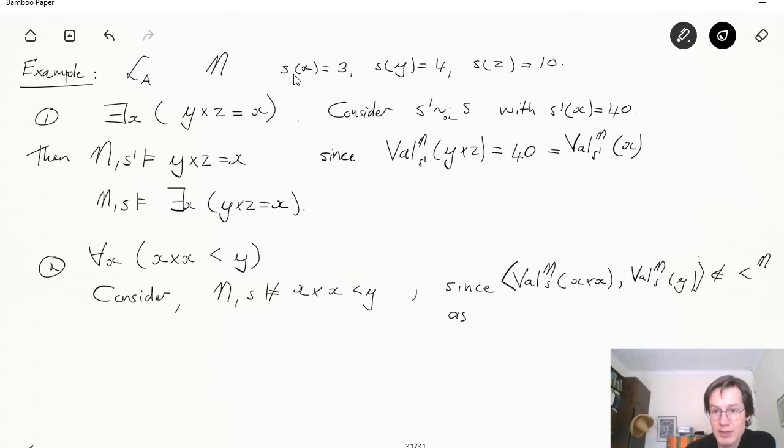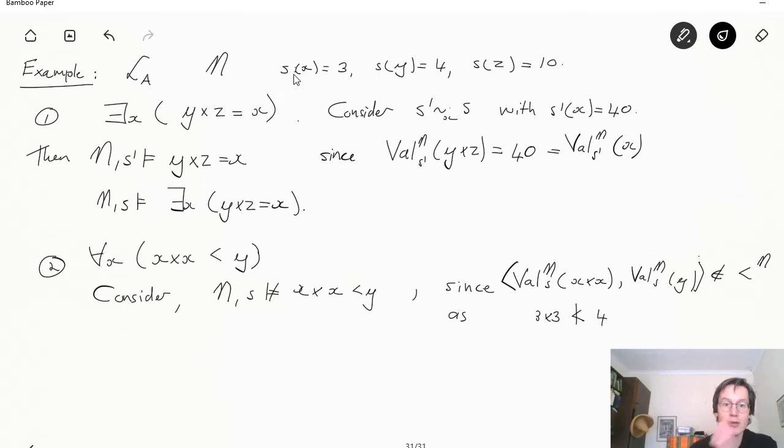The value is 3 times 3, and 3 times 3 is not less than 4, because it's 9.